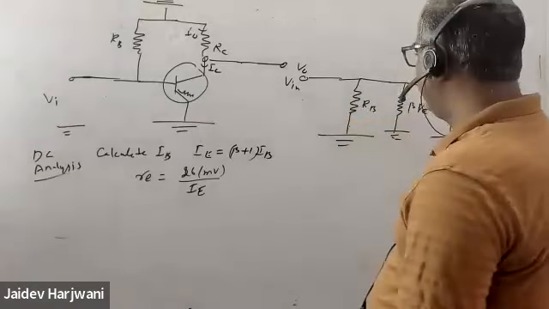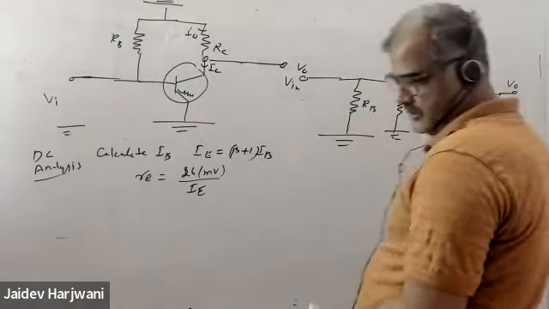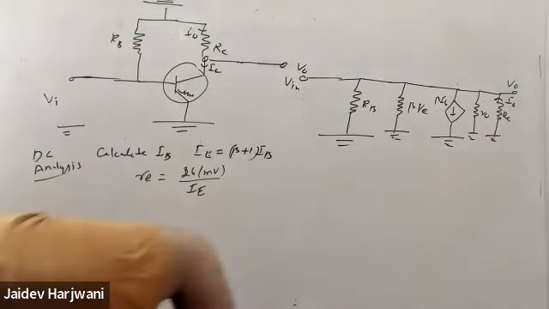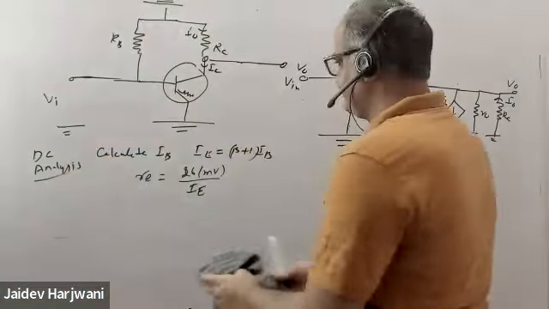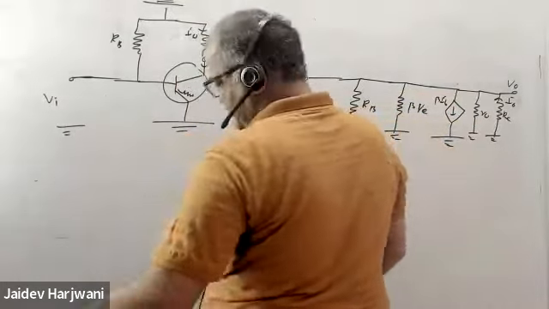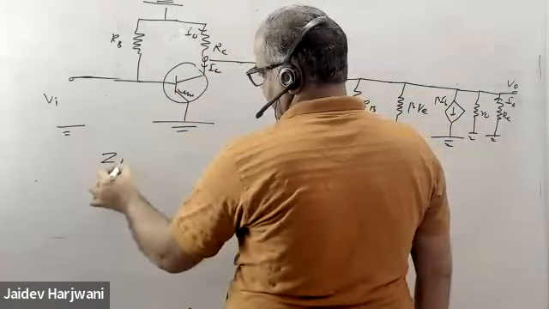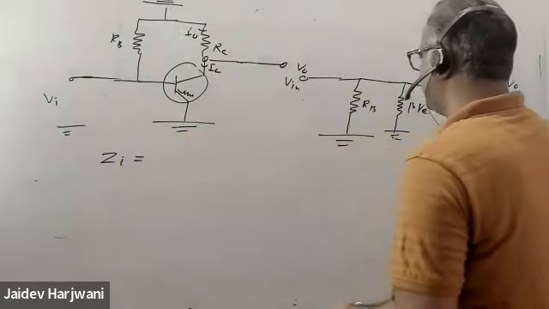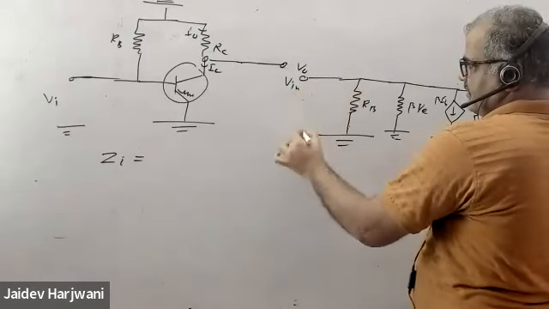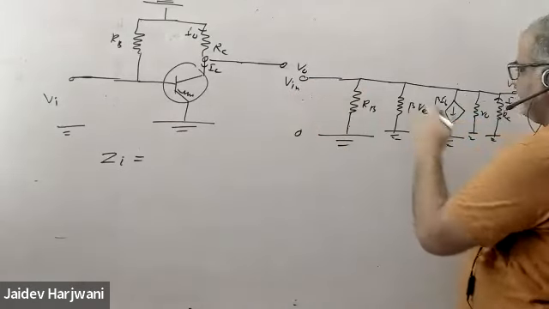Now we want to calculate the amplifier parameters. So Z input. We saw yesterday, when you are calculating input resistance at these terminals, you have to make everything open.